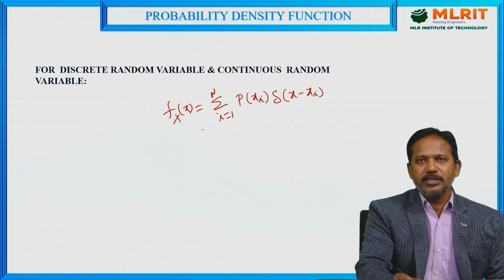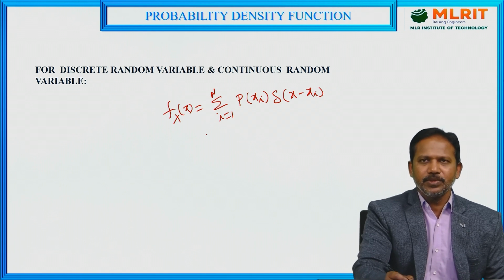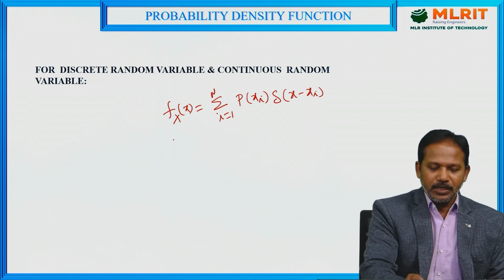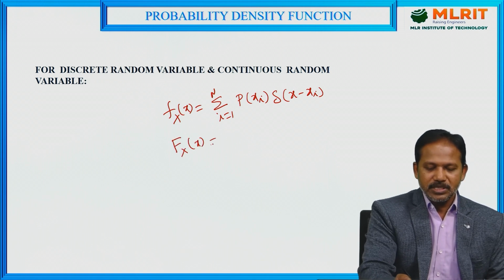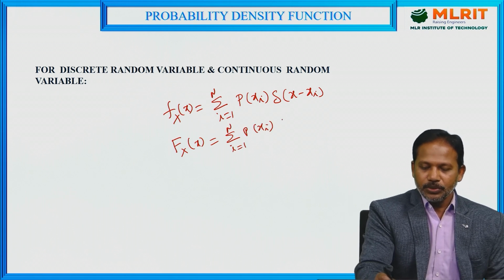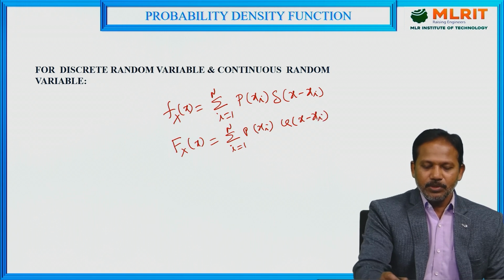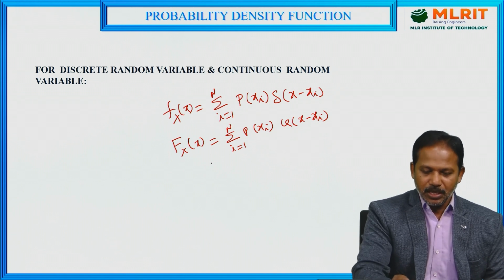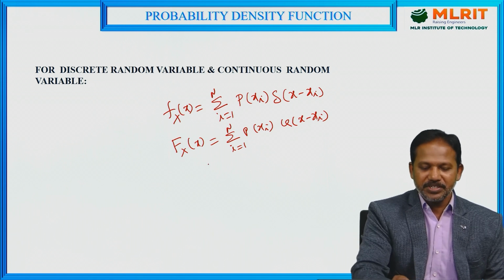So how to get this probability density function from the probability distribution function? Already we know the probability distribution function, that is capital FX(x) equal to summation of i equal to 1 to n, P(xi) into u of (x minus xi). We know the probability density function is the differentiation of the probability distribution function, so I need to apply the derivative to the distribution function.